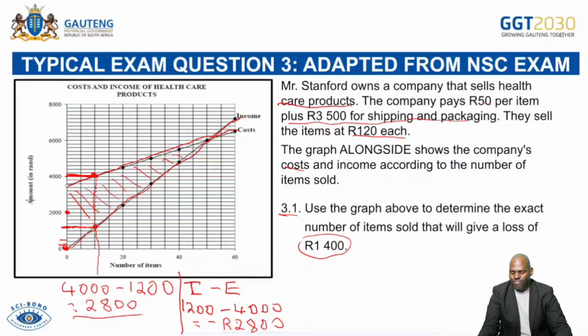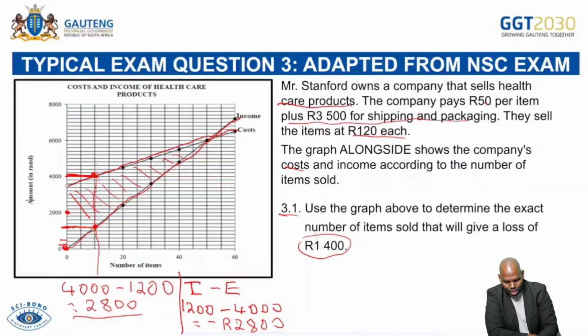So 14 multiplied by 200, I get 2,800. So the number of blocks between these two points will give me the amount: 14 blocks, and in the 14 blocks, it's 2,800.